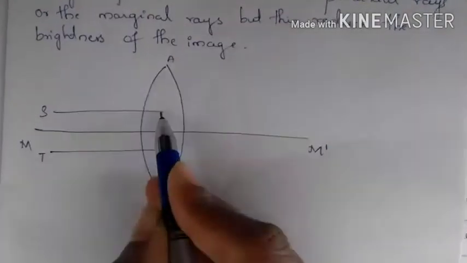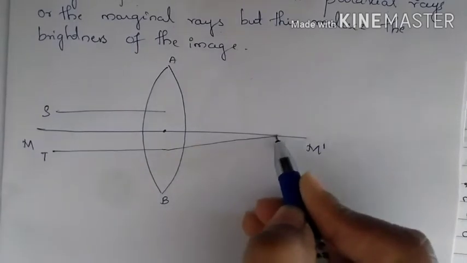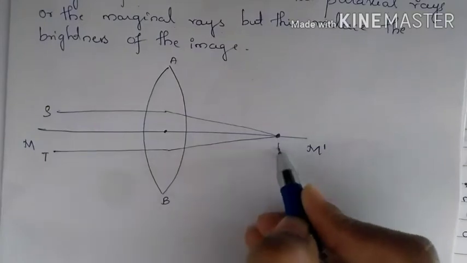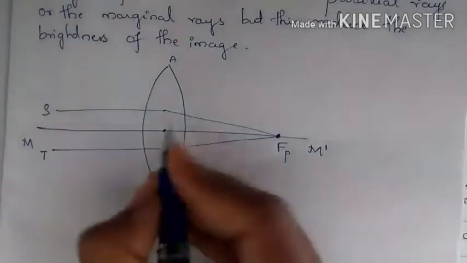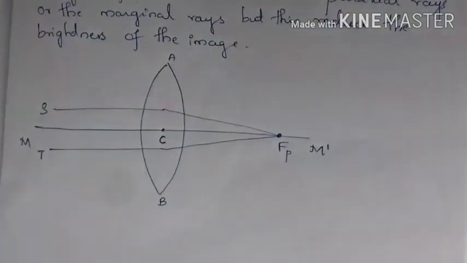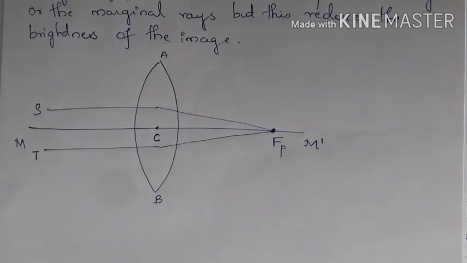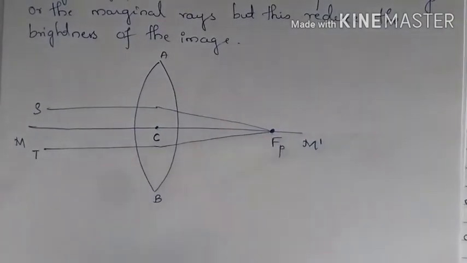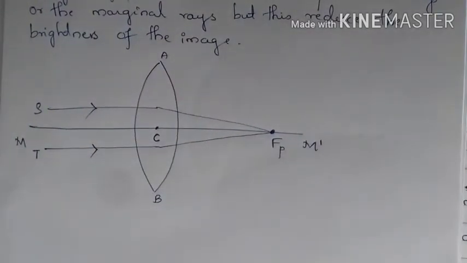These two rays will get refracted and form the image at a point FP. FP will always be far from the point C, the center of the lens, whereas FM will be near to the lens surface. Here I have drawn the FP. These two rays, S and T, are known as paraxial rays.